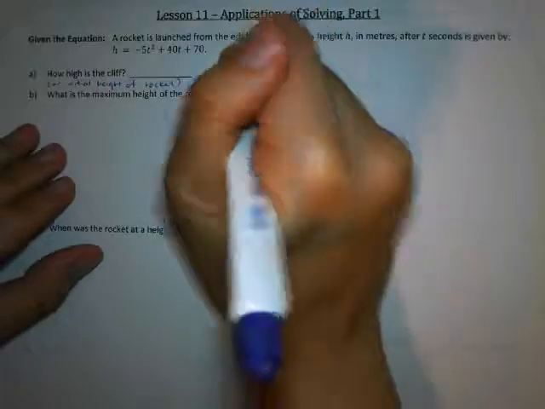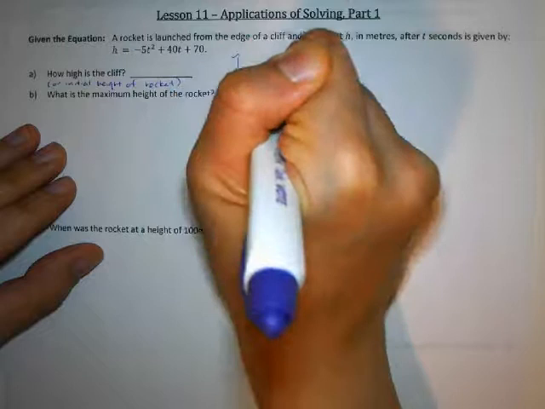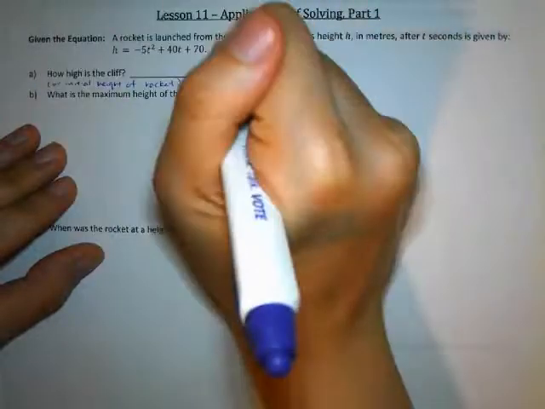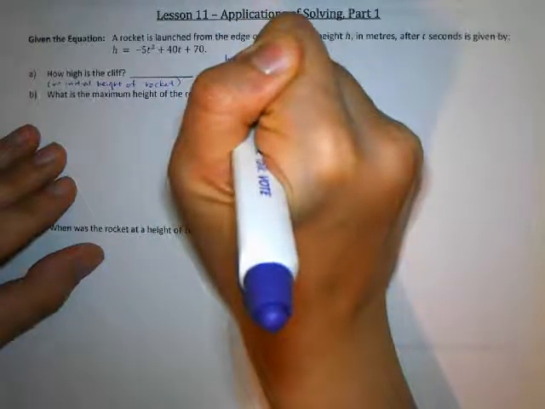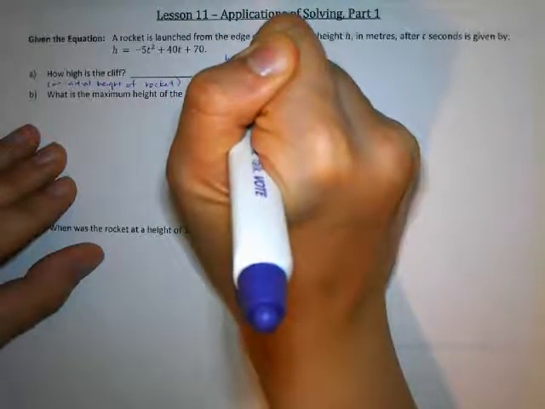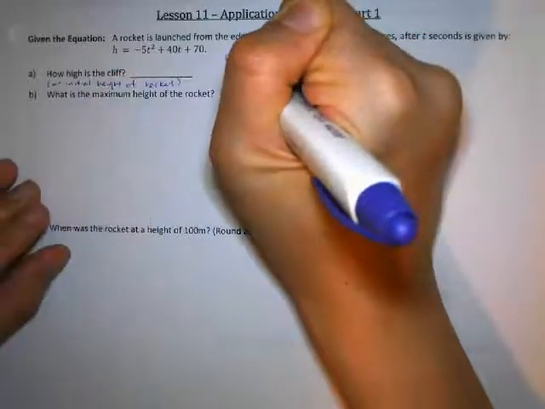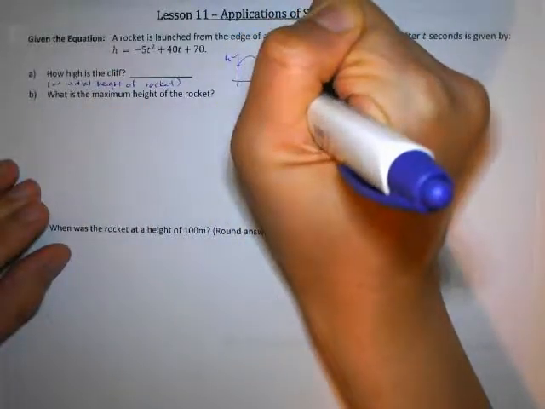Okay, because if I draw a graph, so this is height and time. The rocket is going to start off at some height, which is the height of the cliff. It's going to be launched. We know the parabola is going to open down, so it's going to look something like this.